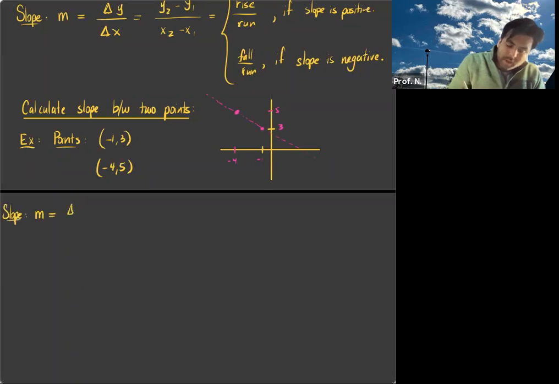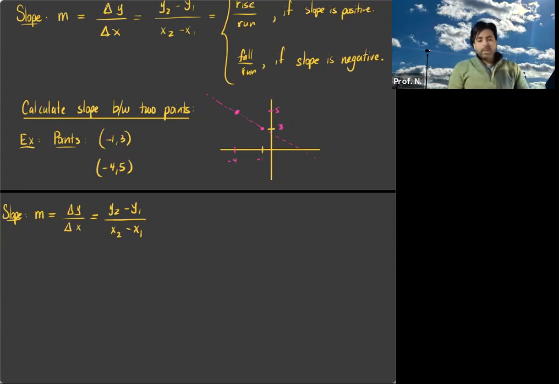Slope is the change in y over the change in x. y2 minus y1 over x2 minus x1. Now the question is, which one is the y2, y1, and which one is the x2, which one is the x1? So this is where you can kind of just flip a coin and say, hey, I want this top one here to be x1. But if this is x1, then this has to be y1.